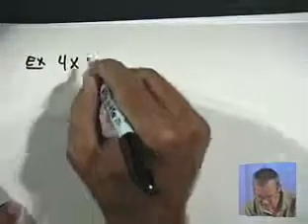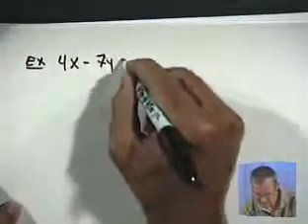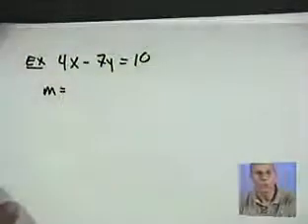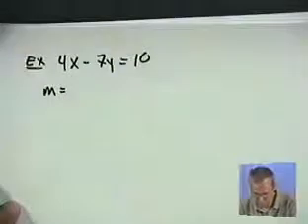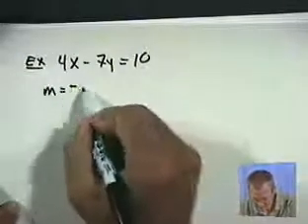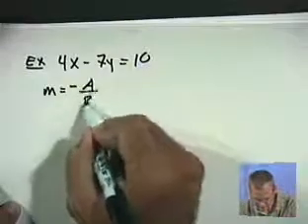Okay, so let's take a look at an example. I'll just make one up here. How about 4x minus 7y equals 10? We want to find the slope. Well, I've just proved that great formula that the slope of a line in standard form is negative a over b.